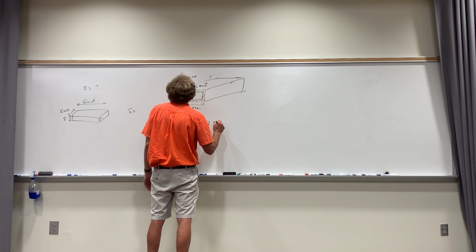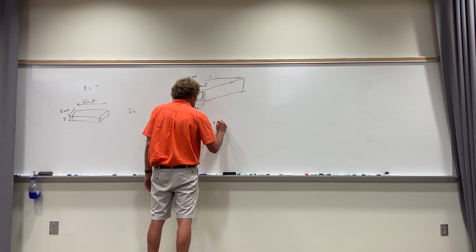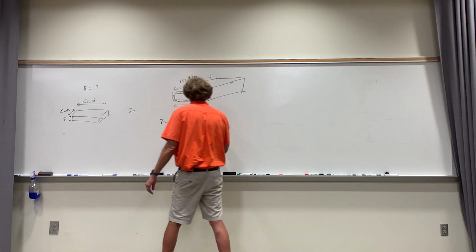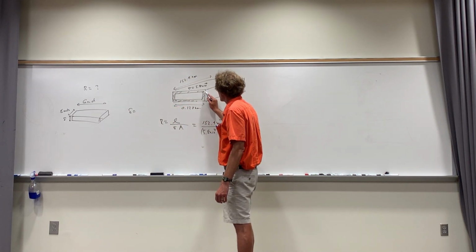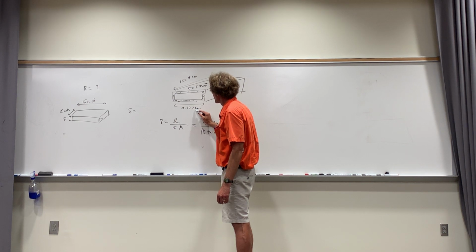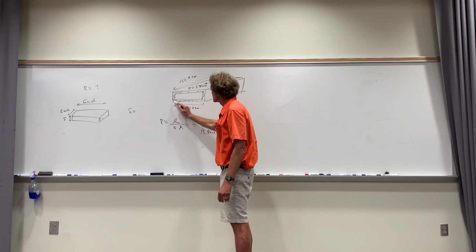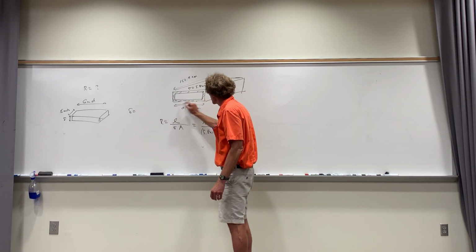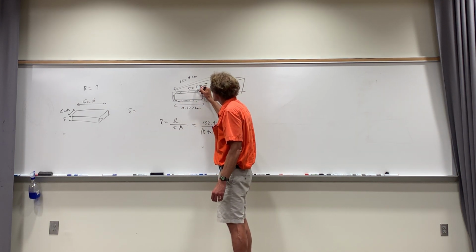So the length is equal to 152.4 millimeters times 10 to the minus 3. Sigma is 5.8 times 10 to the 7th. And then the area is going to be this length, 0.127 millimeters, times this length, because there's 2 of them. The area is this length plus this length times this thickness.